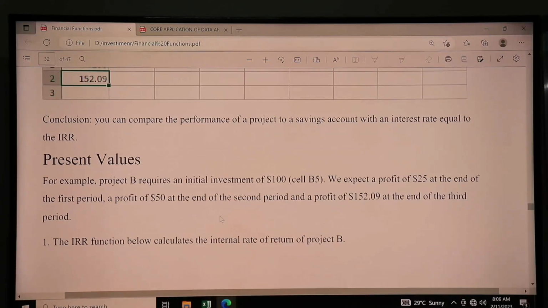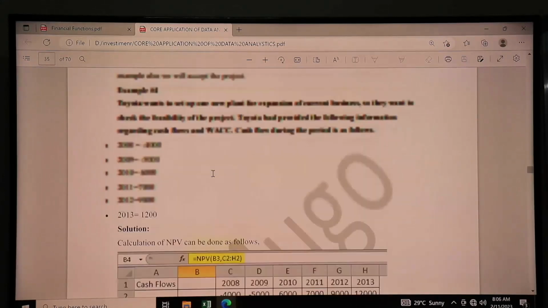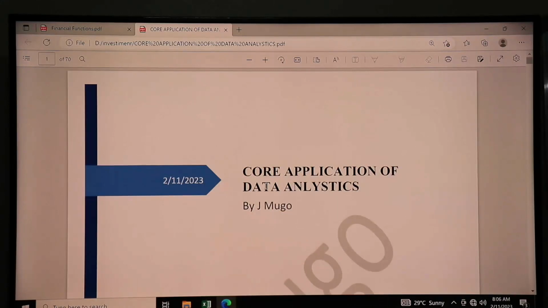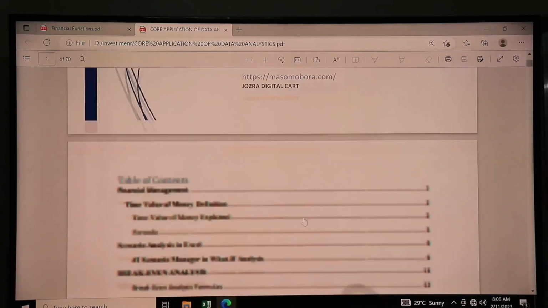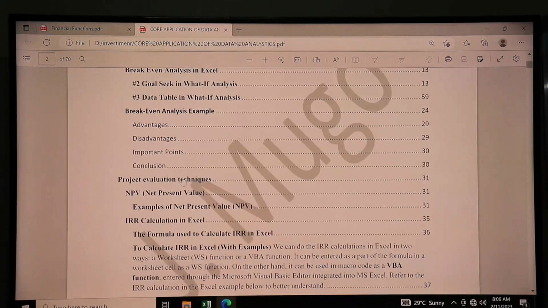So that is another way of doing project evaluation. Remember that we're in this book checking about project evaluation. I sent this book a few hours ago in your WhatsApp group, and the book we are discussing is about project evaluation techniques.